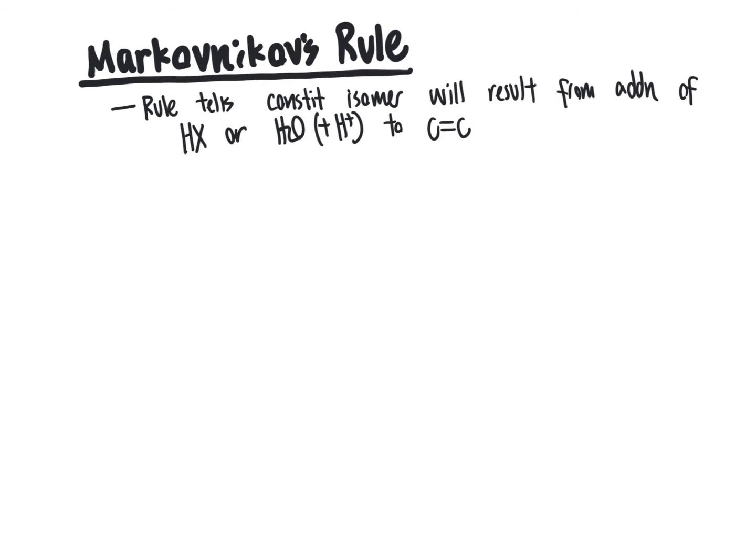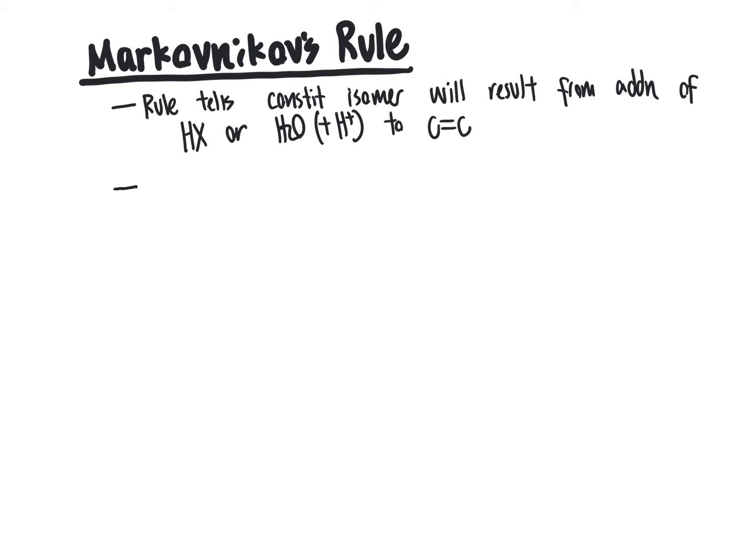With Markovnikov's rule, we add H to the carbon that has more direct bonds to hydrogens, and we add the other group, such as the halogen or the OH group, to the carbon with fewer direct bonds to hydrogen.